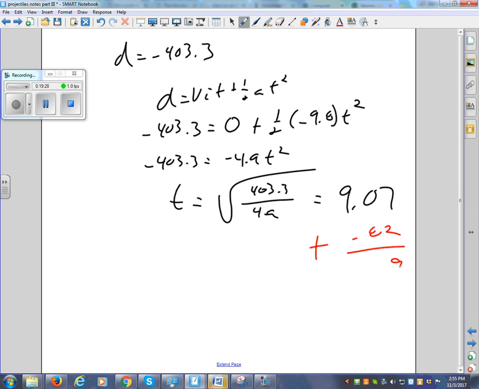Wow, 9.88. That's so much easier. Well, it is, but remember, that's the up number. Remember, we did one step here.